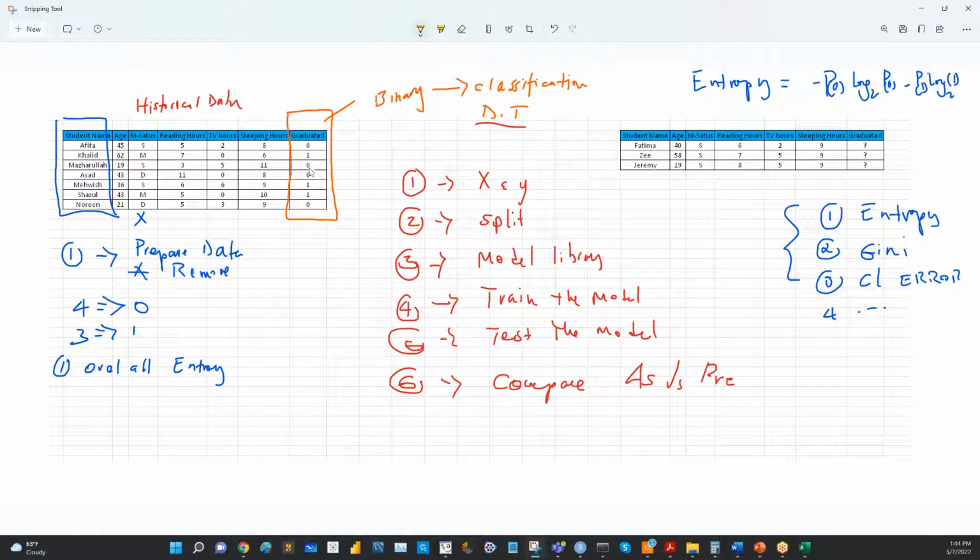So 0, you got 4, so it's 4 over 7. Minus 4 over 7 log base 2 of 4 over 7, minus 3 over 7 log base 2 of 3 over 7. So this is the overall entropy.